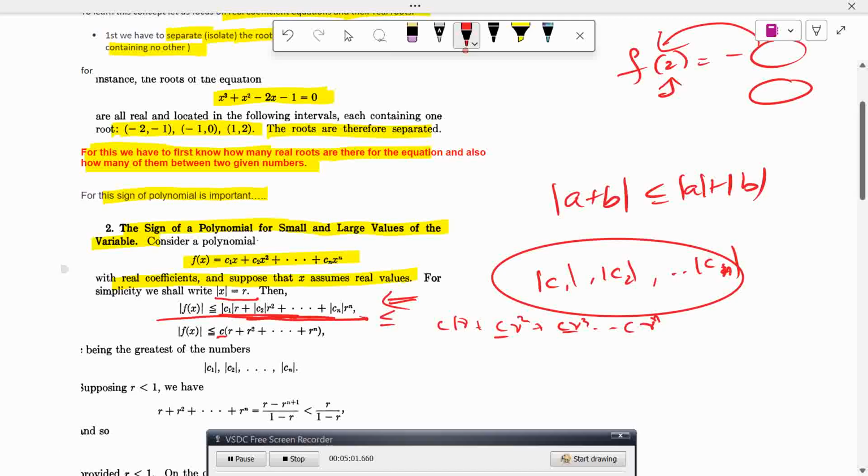So that will be again bigger. So taking c common, we will get this expression. Okay, suppose r is very small, taking r less than 1, meaning x is very small. We will get this term as a geometric series, right?